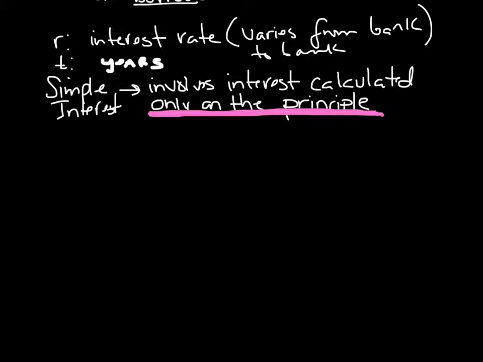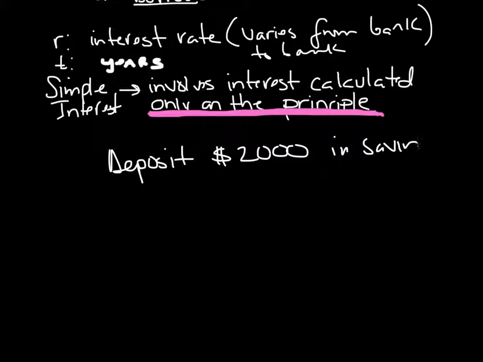Let's just say you want to deposit $2,000 in a savings account, and the bank is paying a rate of 6%.